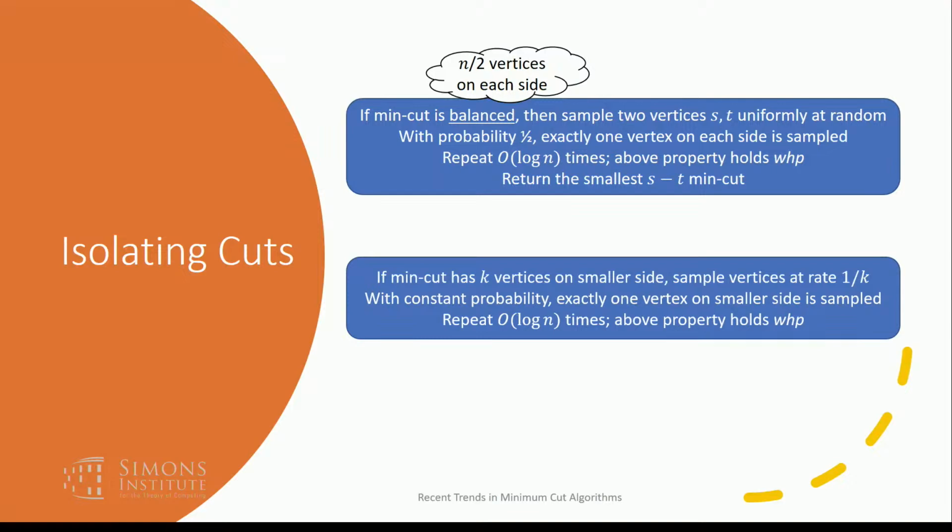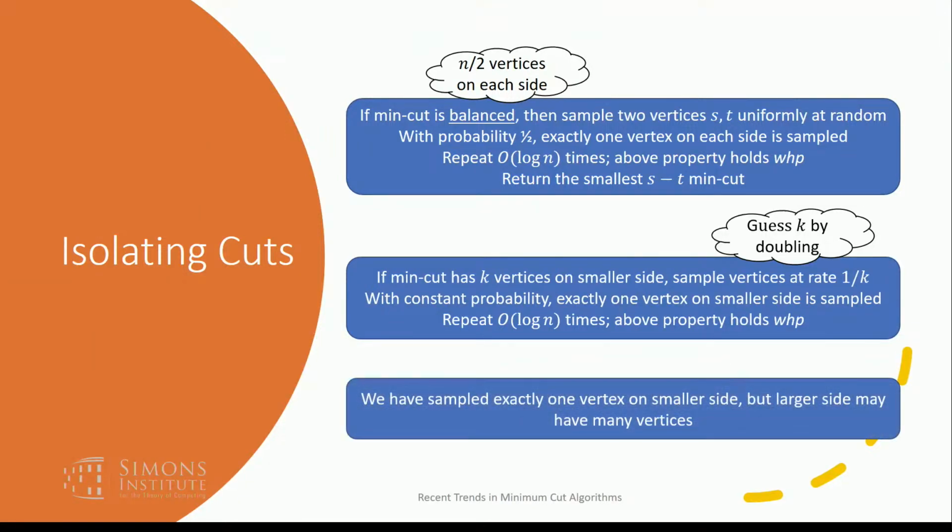Once again, we can repeat this log n times to sample exactly one vertex with high probability in some iteration. And finally, we can always guess k by doubling, so that's not an issue. But of course, the issue is we may sample many vertices on the larger side. And this is exactly what the isolating cuts problem will try to do.